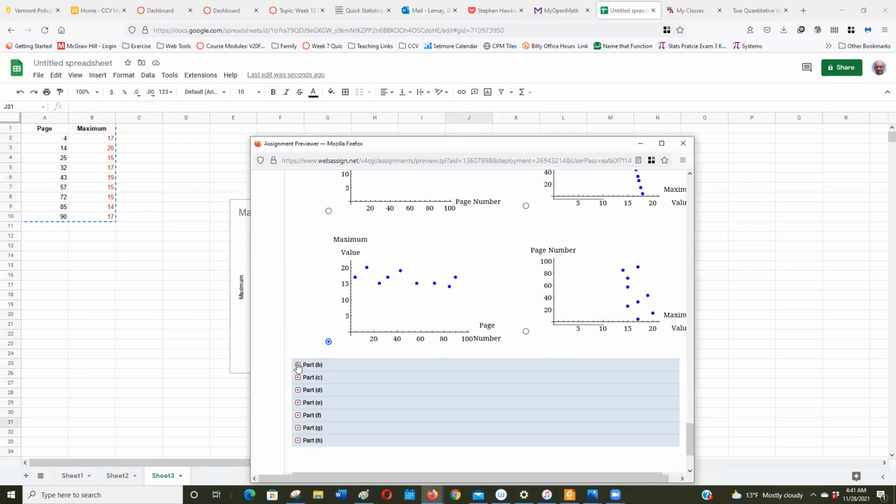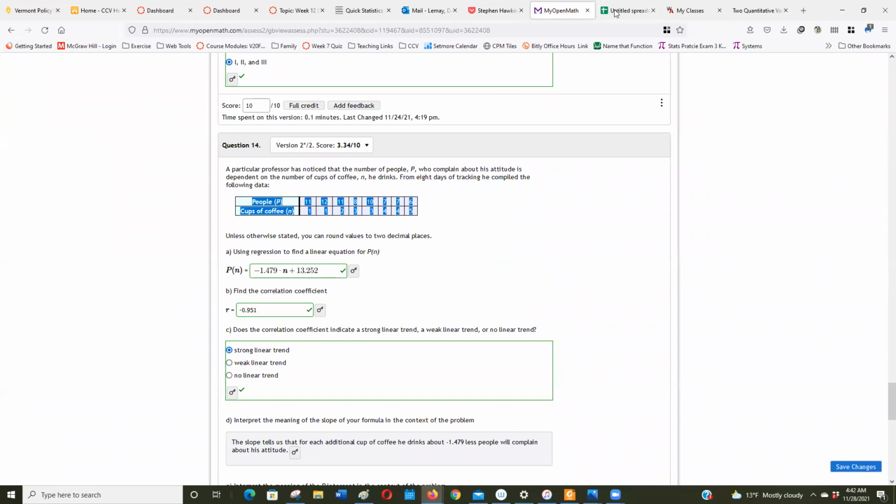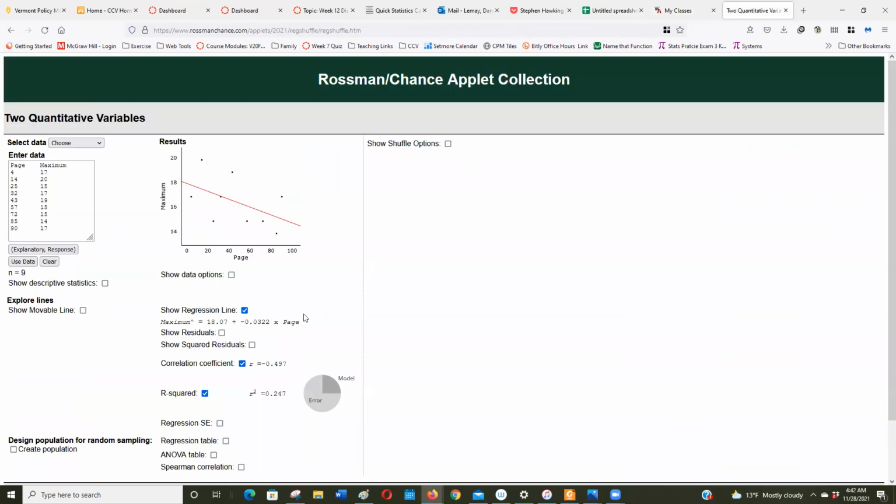So then part B asks, what's your regression equation? Well, this is written in the form y-intercept plus slope times X, the way that Rossman Chance gave it to me. Is it nice? Nope, not this one. Let me close this down. Let's come back here. Here we go. So 18.07.